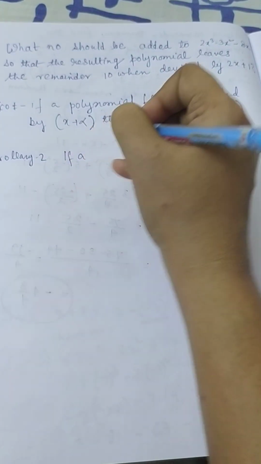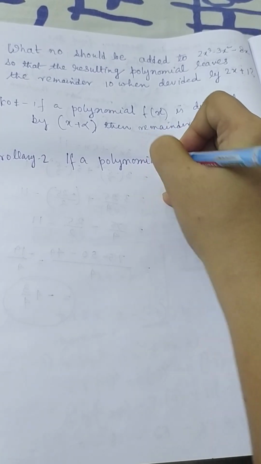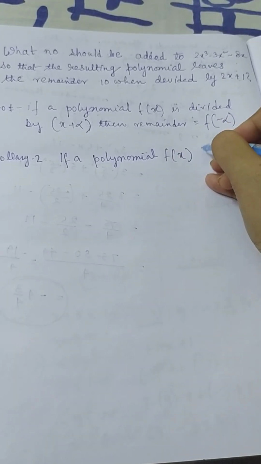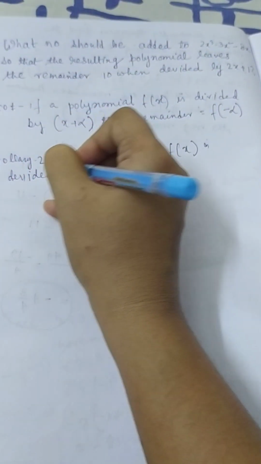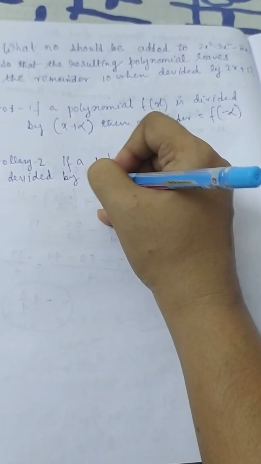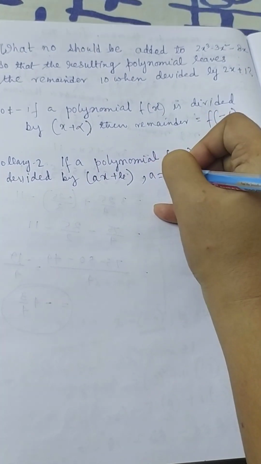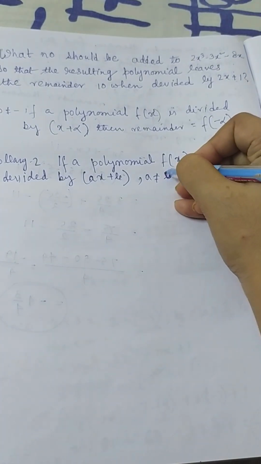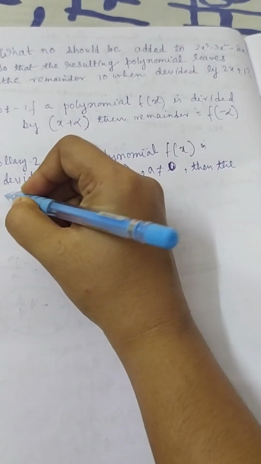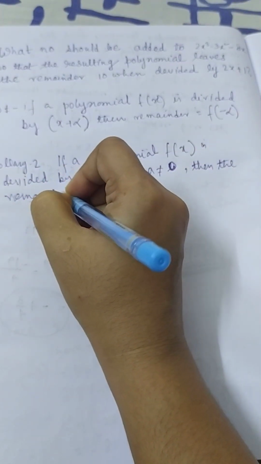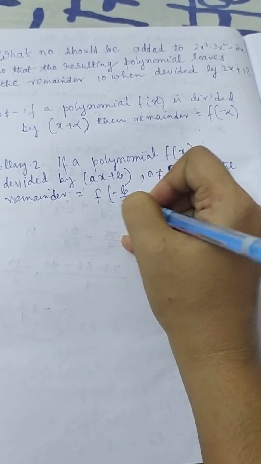And the second corollary was: if a polynomial f(x) is divided by ax plus b, where a is not equal to 0, then the remainder will be f(minus b by a).